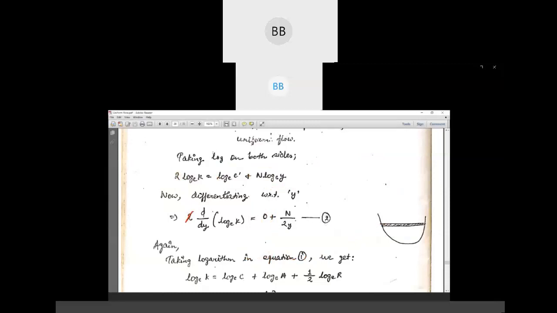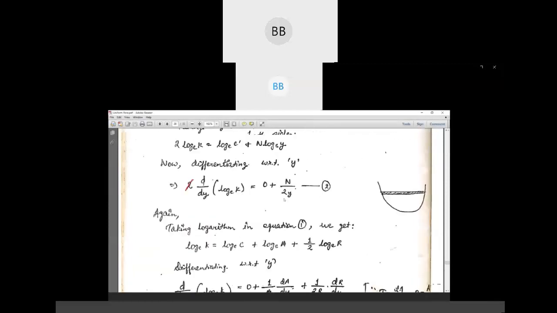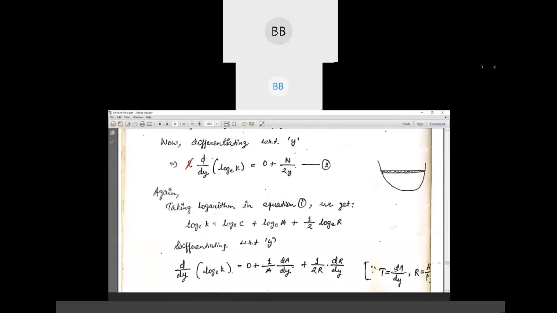Now we are going to take log for equation number 1. So again this will be dy by dy.